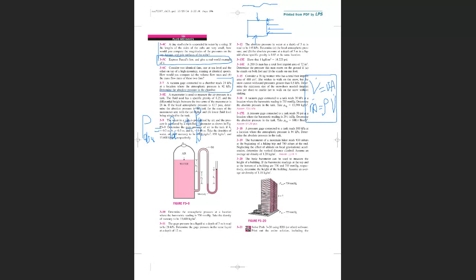That is the relation you should stick to. Absolute pressure equals atmospheric pressure, add to it the gauge pressure, subtract from it the vacuum pressure. In this case, it was the vacuum pressure. Therefore, the absolute is equal to 92 minus 24. Be very careful because this will be examined.